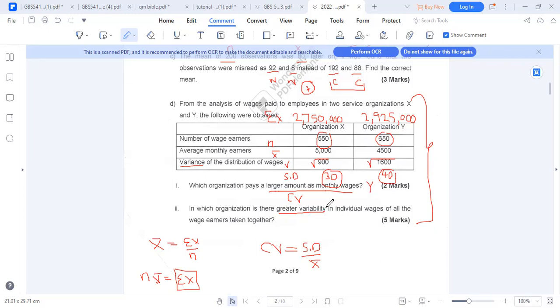I found 5.45. 5.45%, we multiply by 100. Then here, 6.15.